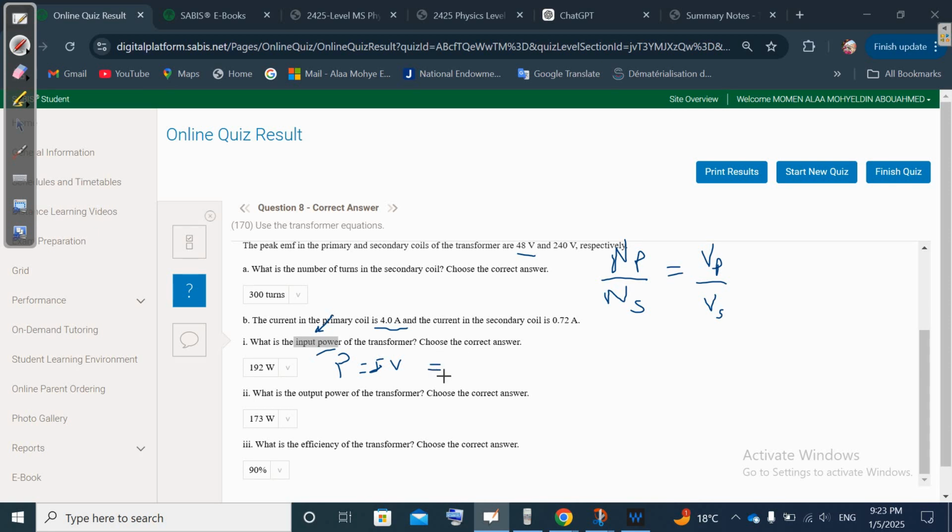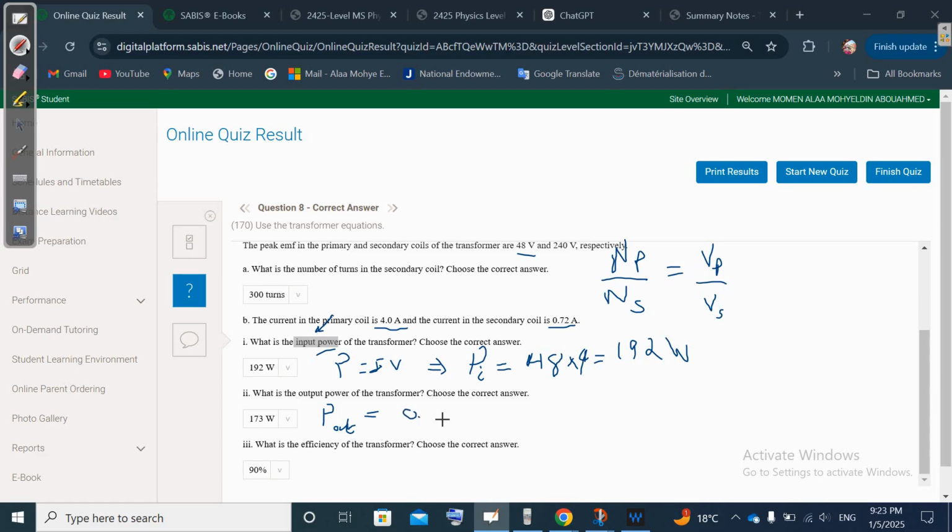So P input is equal to 48 times 4, which is 192 watt.